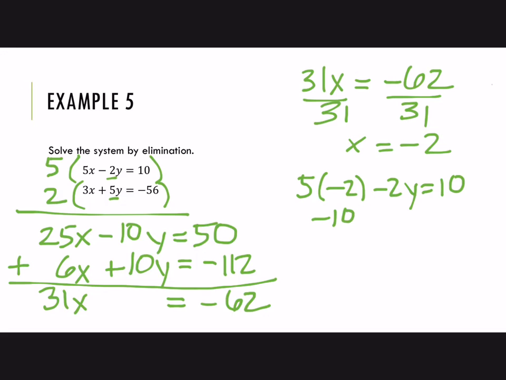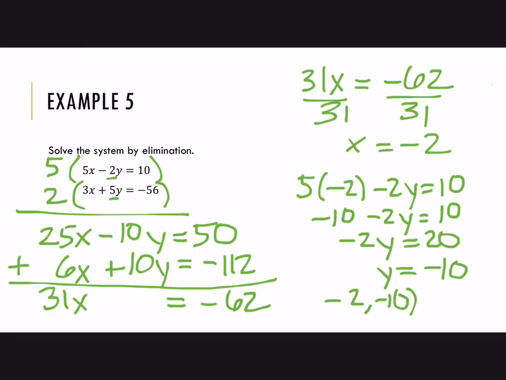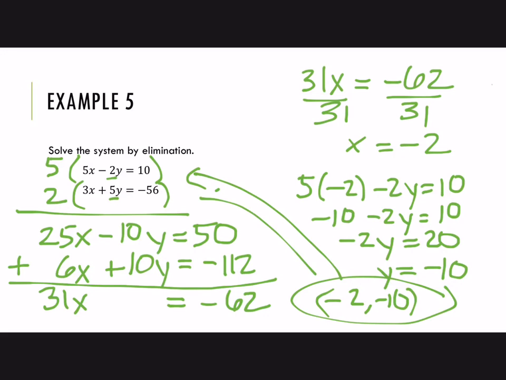So that's negative 10 minus 2y equals 10. And then start solving for y. So add 10 to both sides, and then divide by negative 2. Okay, so the solution is negative 2, negative 10. And again, you can check this. Substitute those coordinates into both of these two equations and make sure that the two equations are true.